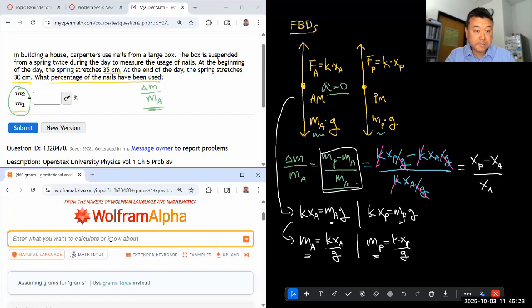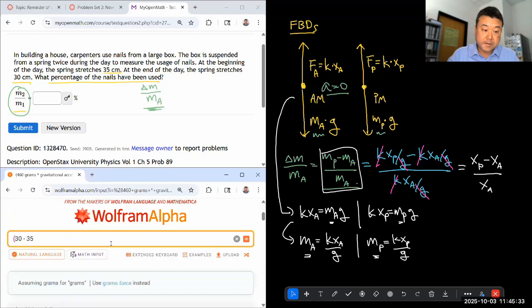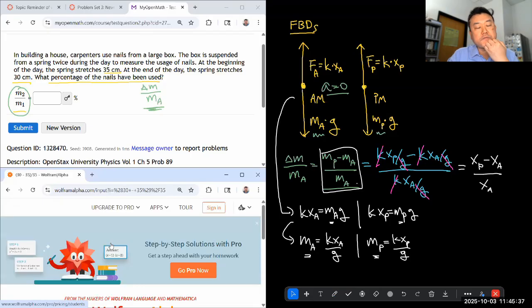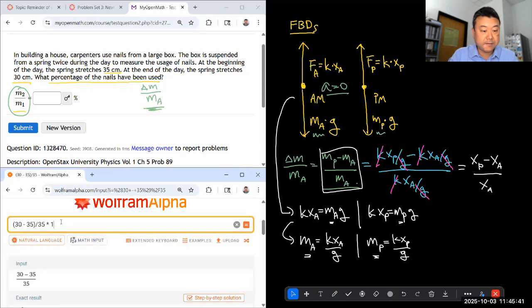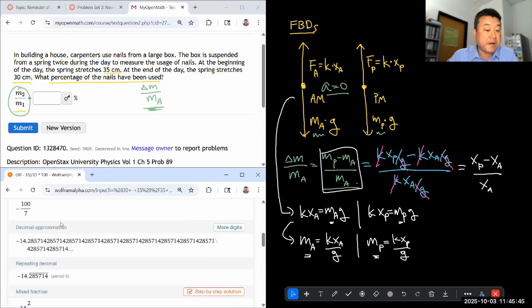XP is 30 centimeters, and I guess it'll be a negative number because the mass is lighter in the afternoon. So 30 minus 35 divided by 35. Now it probably isn't looking for a negative answer, so that times 100 for percentage figure. So I think it should grade 14.29 as correct. Let's see if it does.